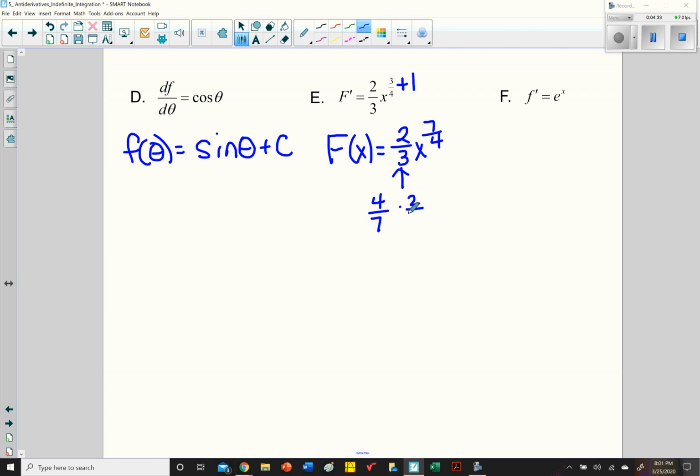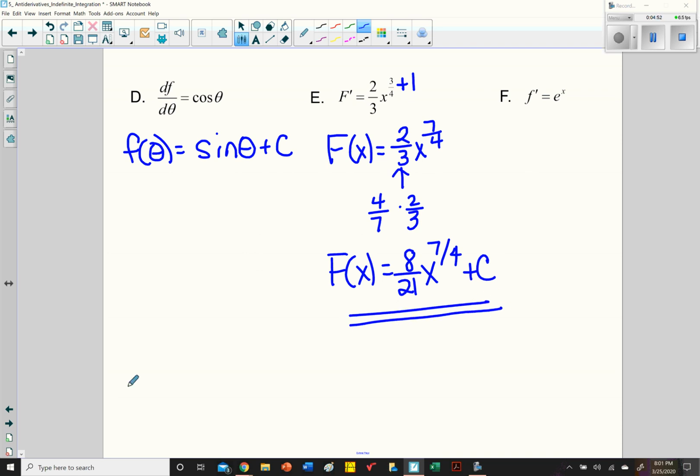So 4/7 times 2/3 is 8 over 21, and capital F of x is going to produce 8 over 21 x to the 7/4 plus a constant. That's called the power rule for integration.